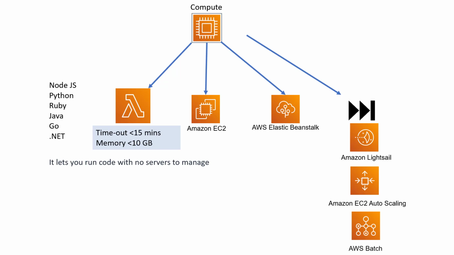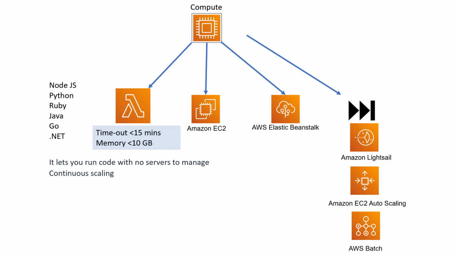The drawback of using a Lambda function is that you can't run it for more than 15 minutes, and it times out if your function runs for more than 15 minutes. It also has a limitation that the memory cannot be more than 10 GB. So if you have a process with a lot of memory requirement, then it's not advisable to use Lambda.